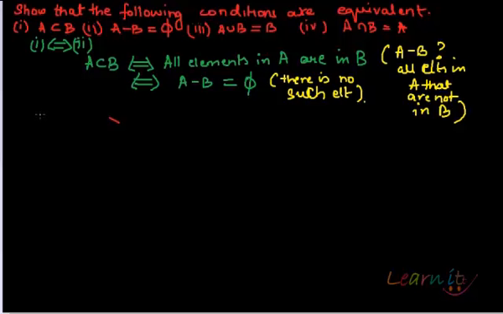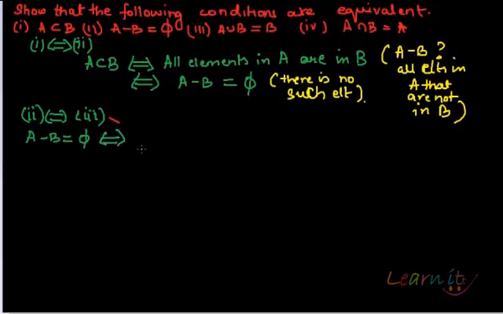Now let's look at how the second statement, which is A minus B equals phi, is the same as the third statement. A minus B equals phi is the same as A union B equals B. So we have to look at A union B. Now what does this mean?